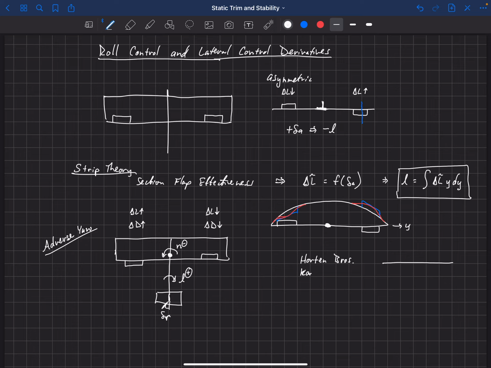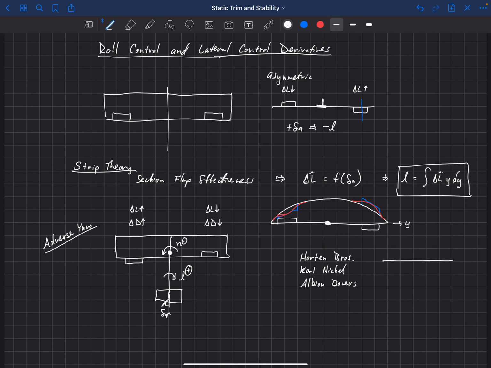There's a guy named Carl Nickel. I believe he did some work on it. He was a German mathematician, but also a pilot, or I'm not sure if he was a pilot, but he studied flying wing aircraft. More recently, a guy named Albion Bowers at NASA, who recently retired, and our own lab here has also looked into this in quite a bit of detail.